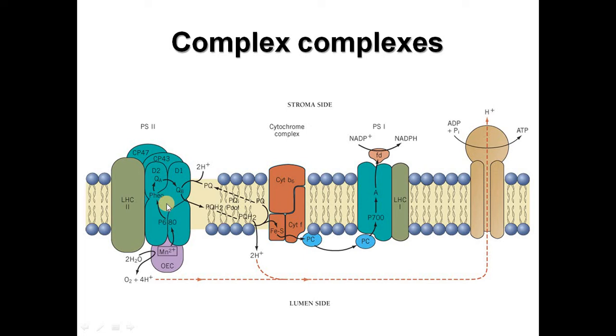Those two electrons will then go from the reaction center of photosystem 2 into the pheophytin, into quinone A, quinone B, into the plastoquinone, and then into the iron core of the cytochrome complex. Then they will jump the membrane via plastocyanin into the reaction center of photosystem 1, and then they will be transferred onto the ferredoxin.